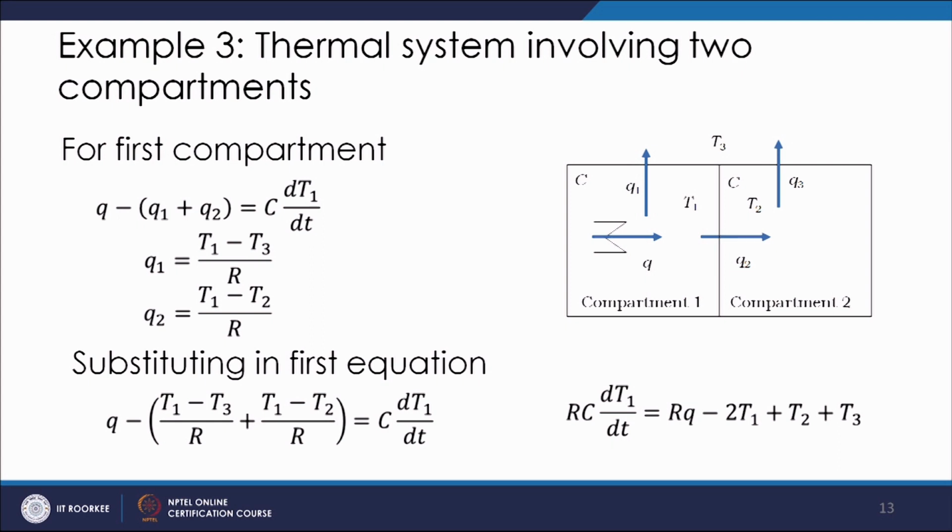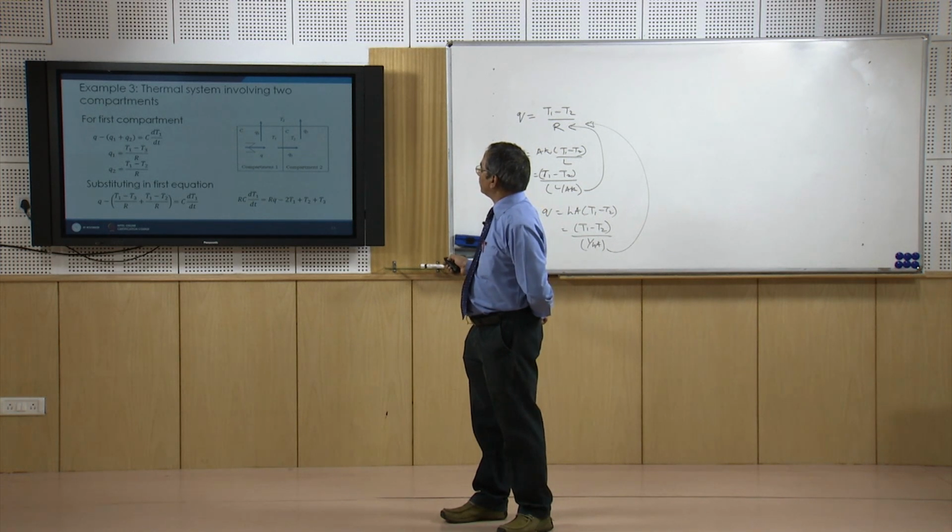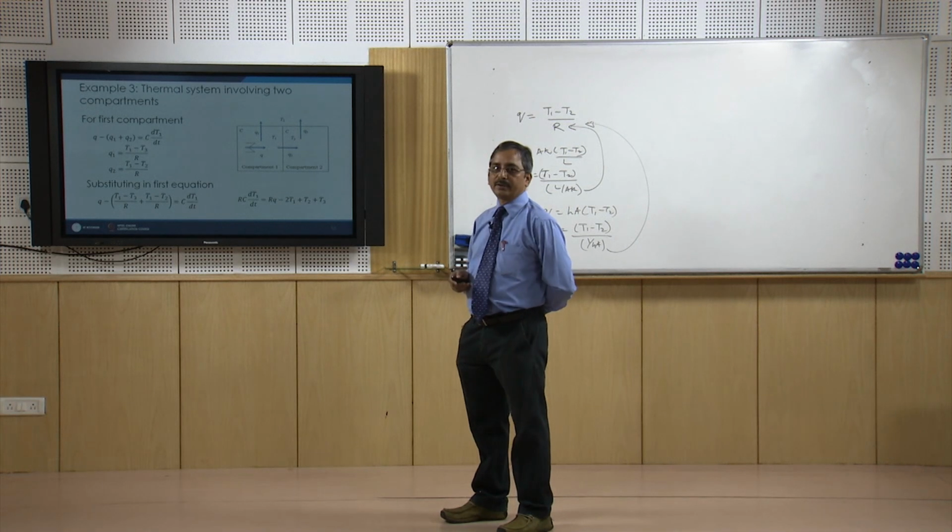This Q2 is (T1 minus T2) by R. Of course, here I am assuming that the thermal resistance is the same for the wall at all sides, and I am not assuming any heat transfer taking place from this to this one and similarly from here to here.